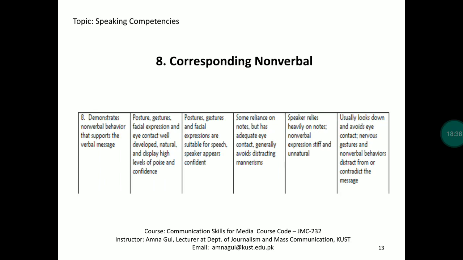Then eighth is corresponding nonverbal, which means that the student demonstrates nonverbal behavior that supports the verbal message. For an advanced level student, his posture, gestures, facial expression, and eye contact are well developed. Those are natural and they display high levels of poise and confidence.